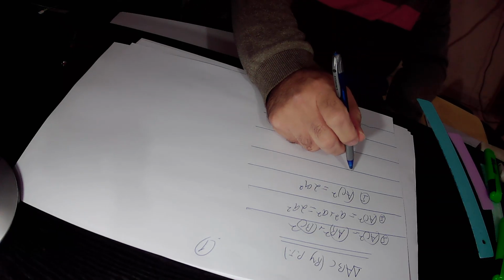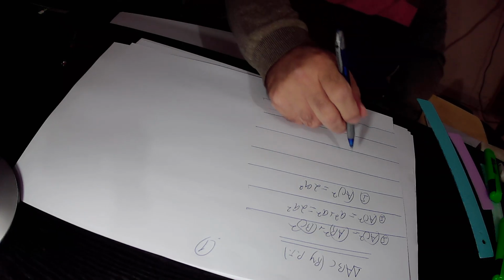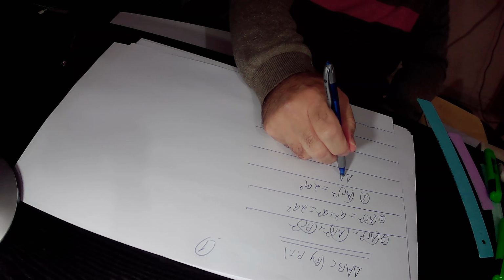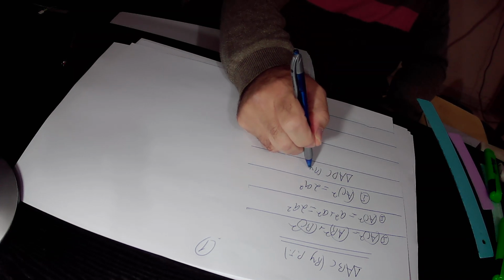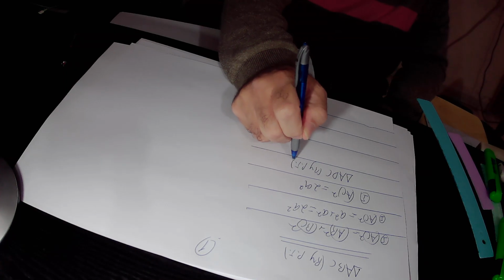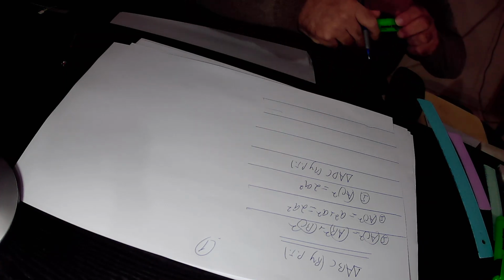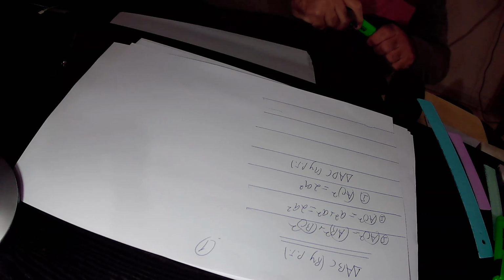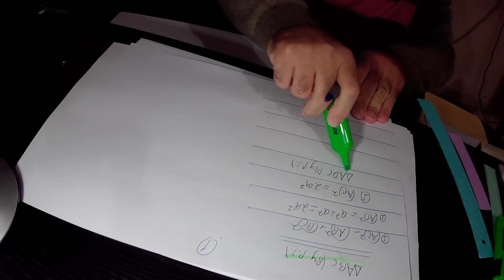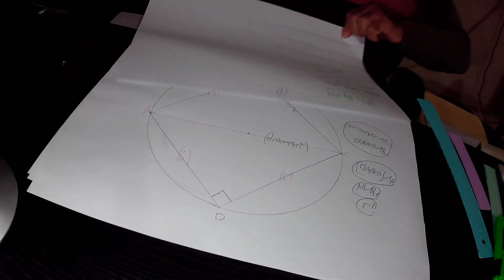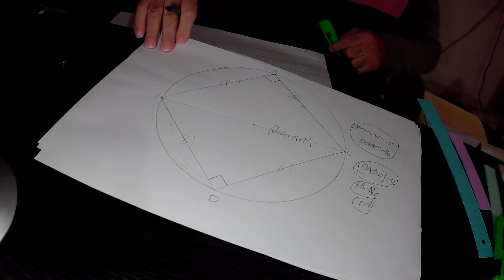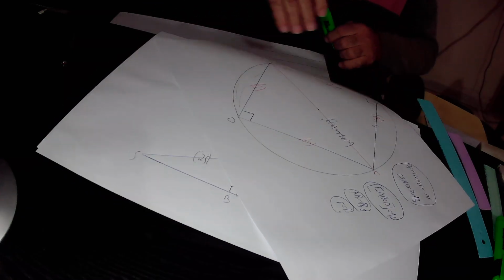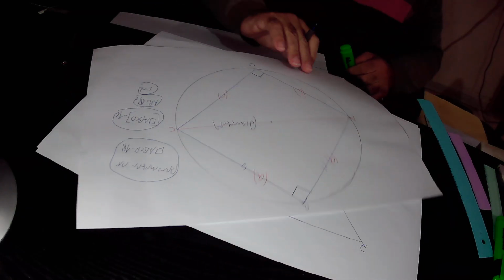In the next step, we implement the Pythagoras theorem in the right triangle ADC.